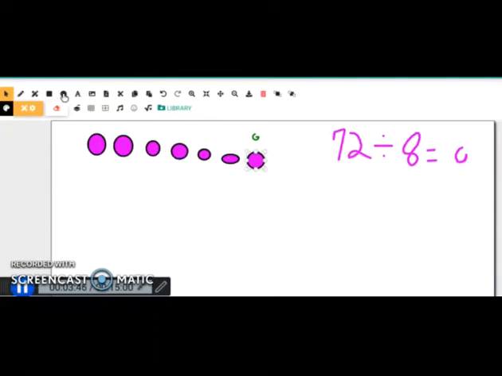One more and I have my 8. Those are not very good. I do it every time, guys, every time. So now I have my circles for my first row of 8.